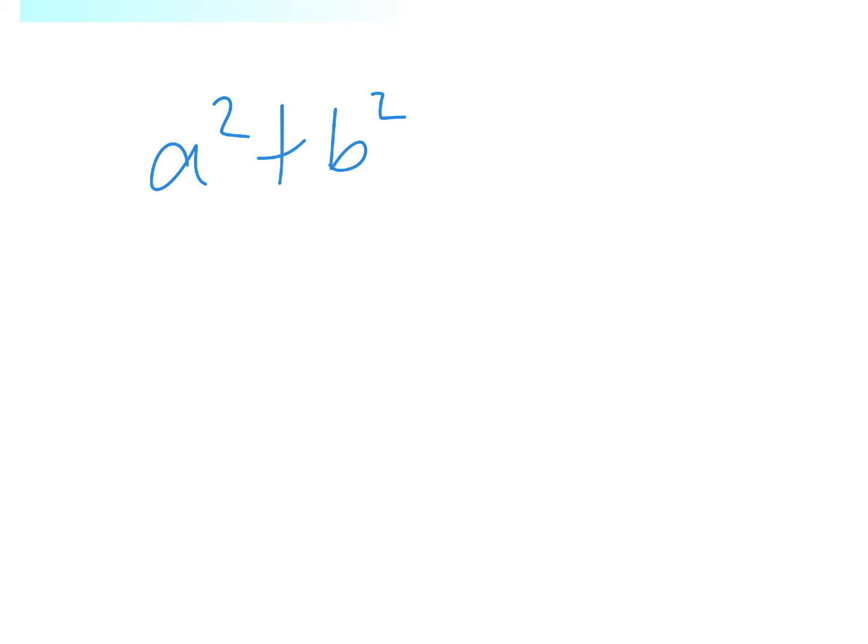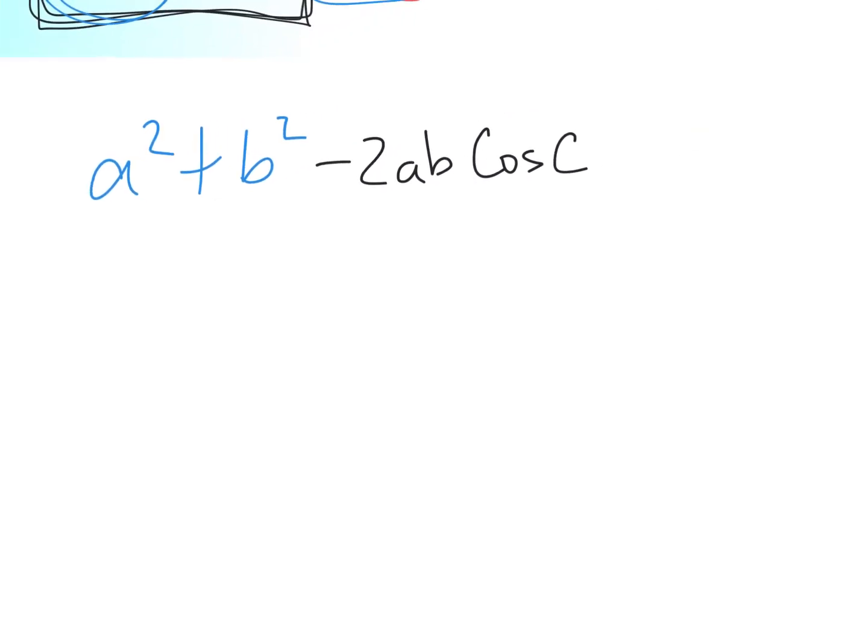A squared plus b squared. And normally right here you'd say equals c squared, right? But in the law of cosines, you have to go minus 2ab cosine of big C. Notice the big C thing? That's an angle. If it had been a little c, that would have been the side across from that angle.